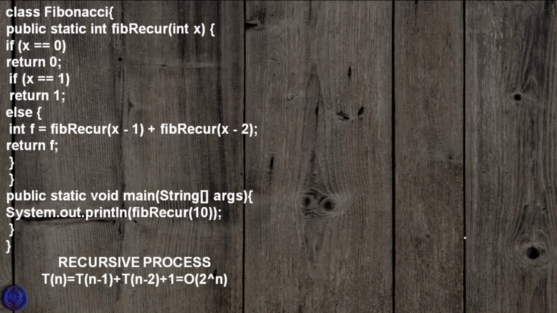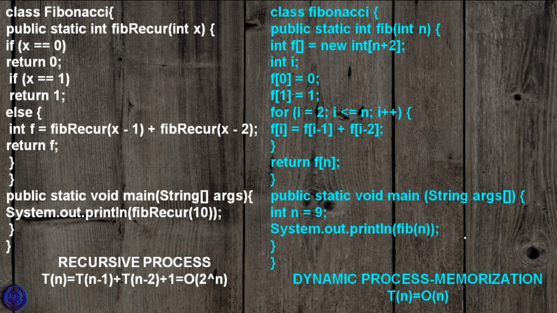So here we have the recursive approach code and the memorization code. The time complexity of the memorization code is order of n and the time complexity of the recursive approach is order of 2 to the power of n. So the time complexity is reduced to order of n in the memorization approach because the values are already stored, so that it makes the problem easy and gives the output in a short period of time.